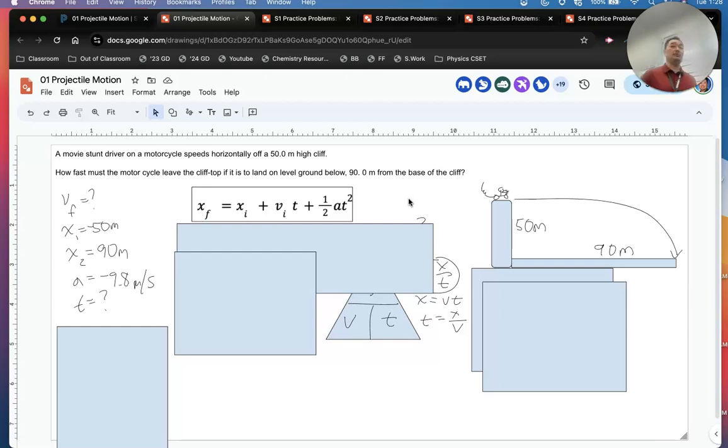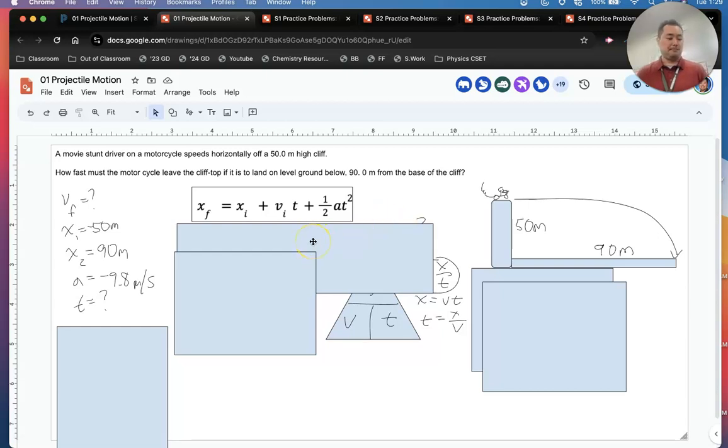I did not expect you to memorize that and put that into the problem immediately. It is something that you have to correlate with on your notes. And if you ever come across this type of problem, you can use this equation.